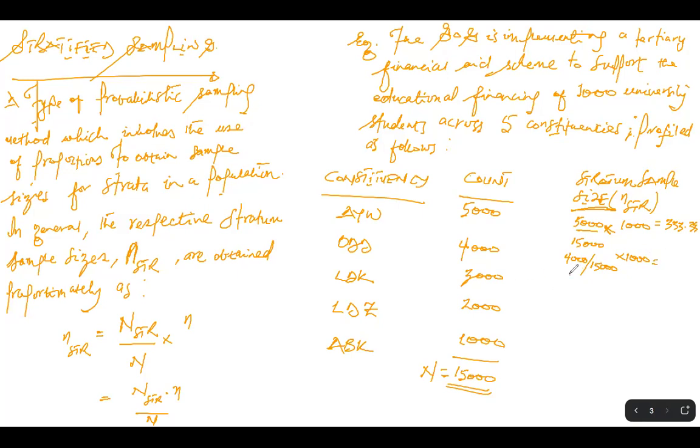Then thirdly, we have 3,000 over 15,000 times 1,000. That 3,000 over 15,000 is 1/5. 1/5 of 1,000 is what? 200.